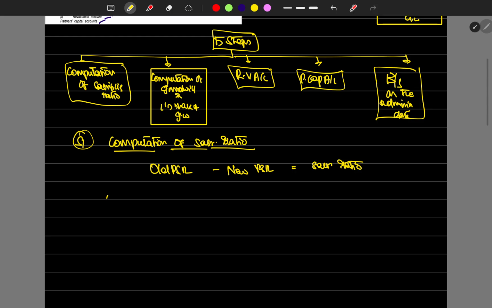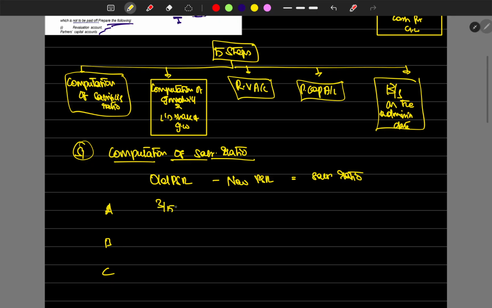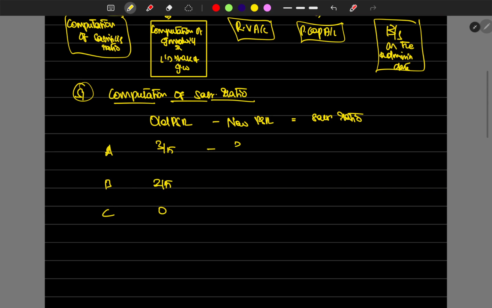How many partners are there? A, B, C. What's the old profit sharing ratio? 3/5, 2/5. There is no share for C previously, so we can term it as 0. And then the new profit sharing is 3/6, 2/6, 1/6.